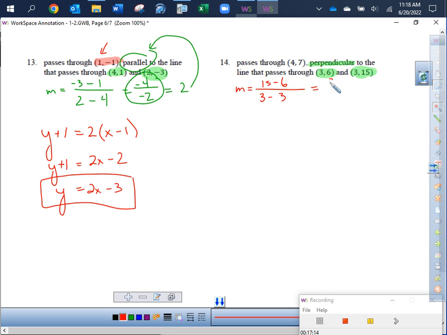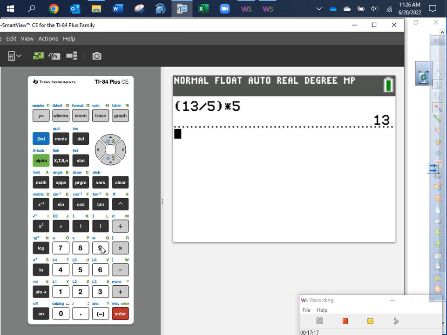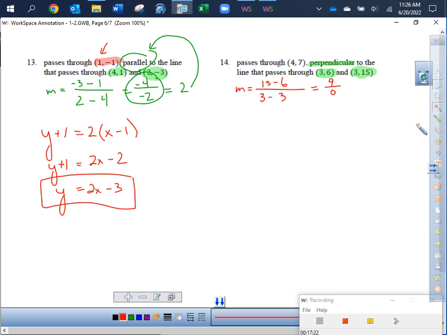This is going to give me 9 over 0, and oh no, 9 divided by 0. Look at that, error. You can't do that. That is undefined. That'll take us way back to realize that this dude right here is a vertical line. All vertical lines have undefined slope.